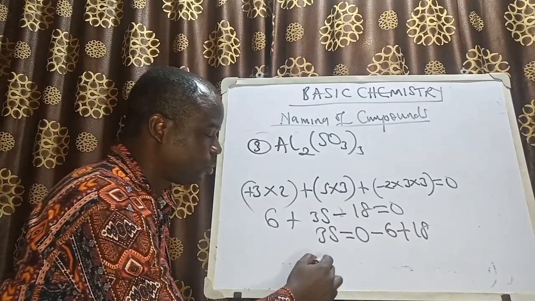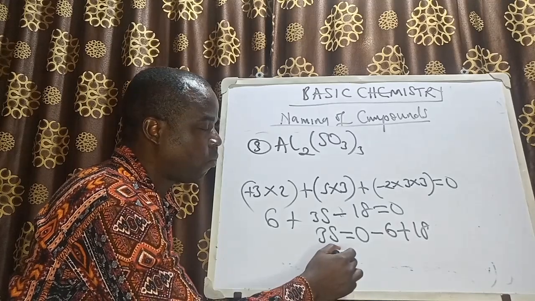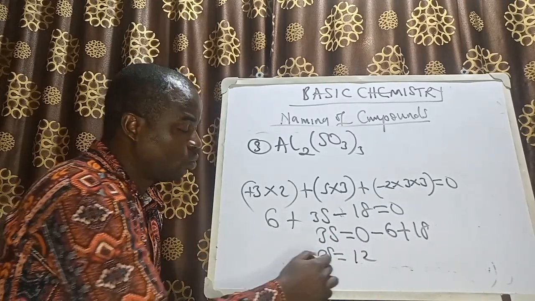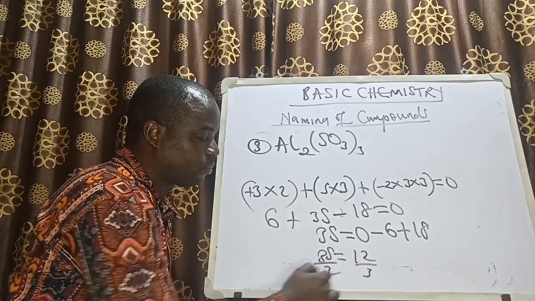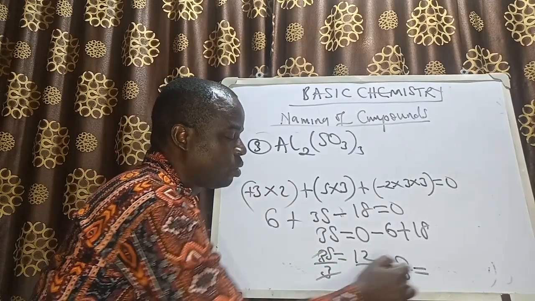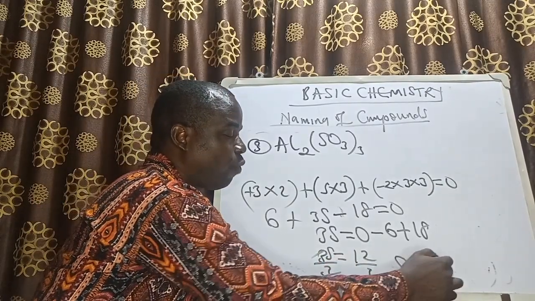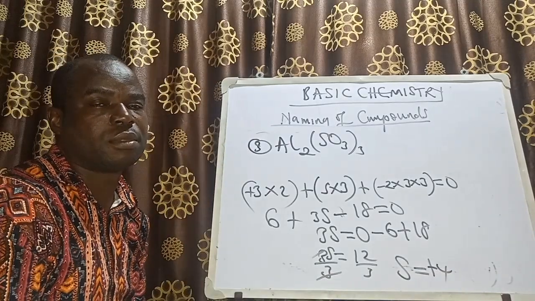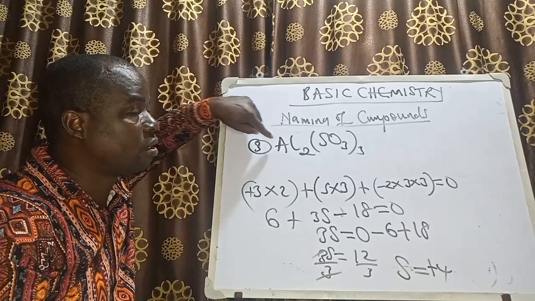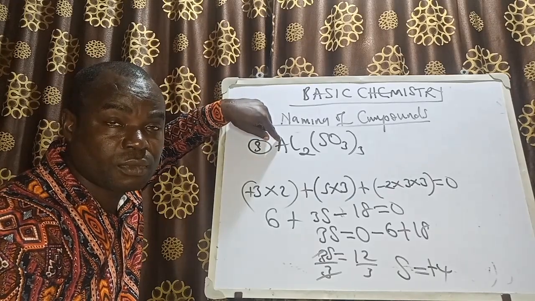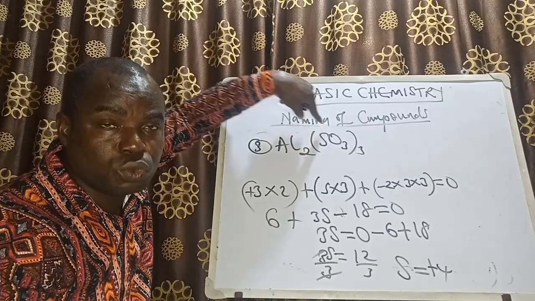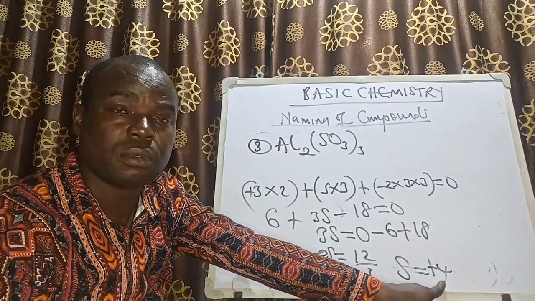We now have 0 minus 6 plus 18 is 12. Check your calculator. Divide both sides by 3. Your s will now be what? 12 divided by 3 is plus 4. Now, what will be the name? The name will now be aluminium trioxosulfate 4.